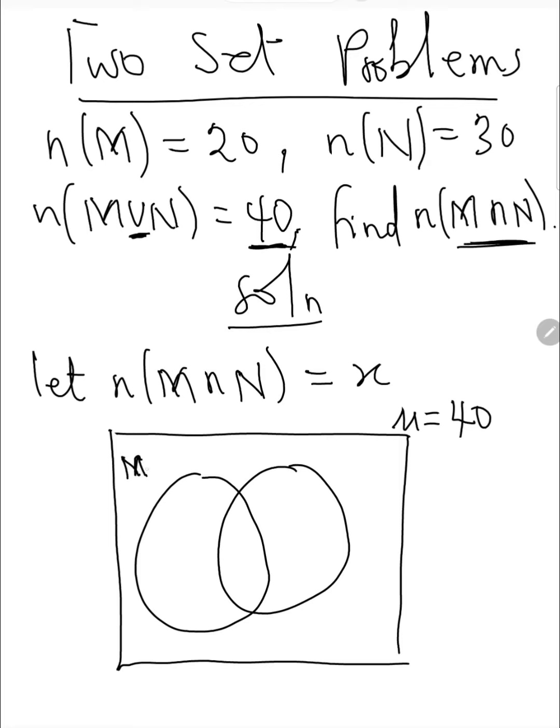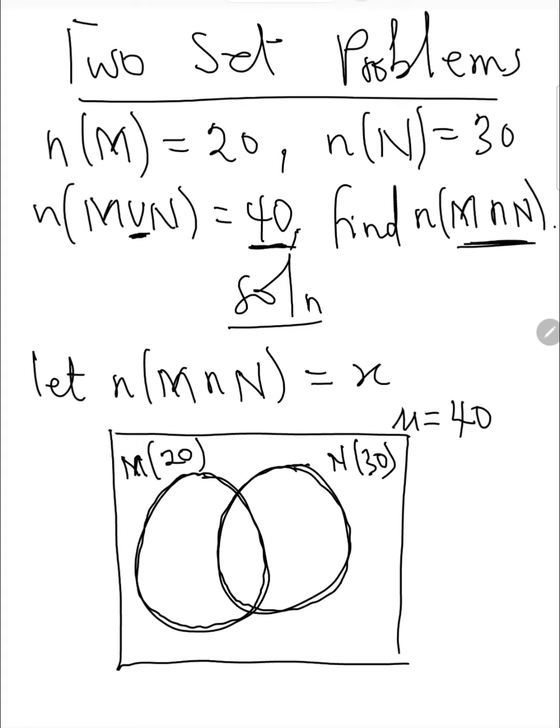The number in the set M from the question is 20, so the whole of this circle is 20. In the same way, the number in the set N is 30, so the whole of this circle is 30.